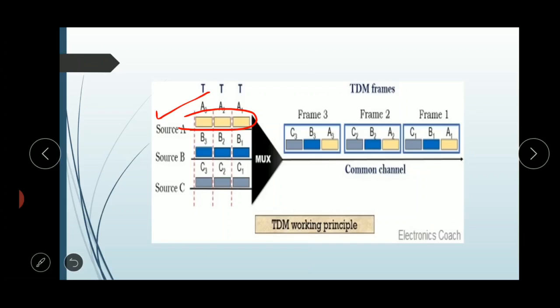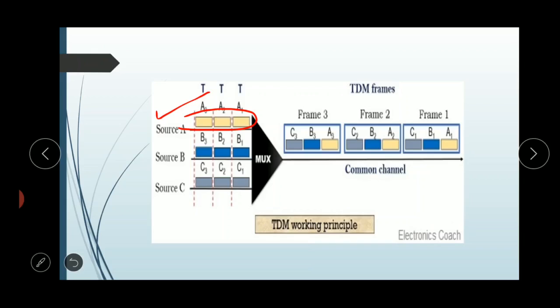And always remember, each segment has a fixed time slot, because we divide the bandwidth as per time slot. So the time slot is fixed for each source, and as per that time slot the signal is divided into multiple segments.